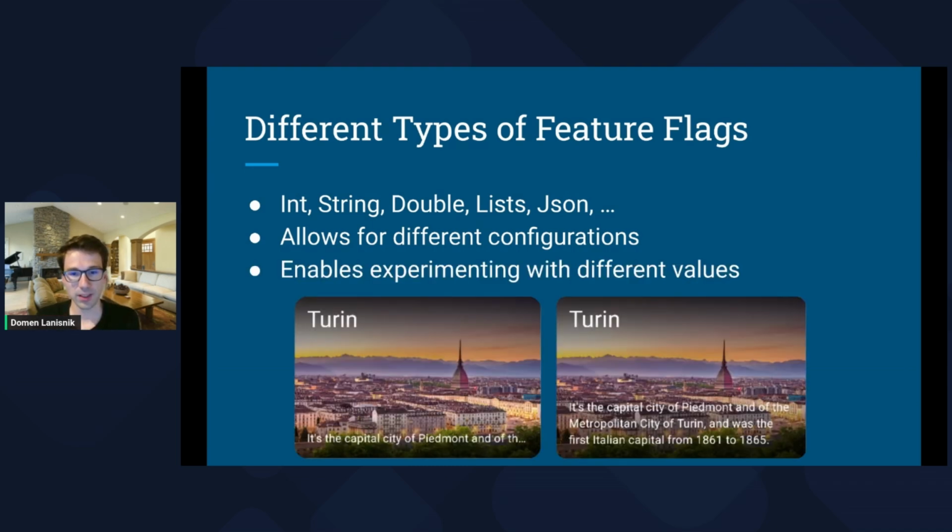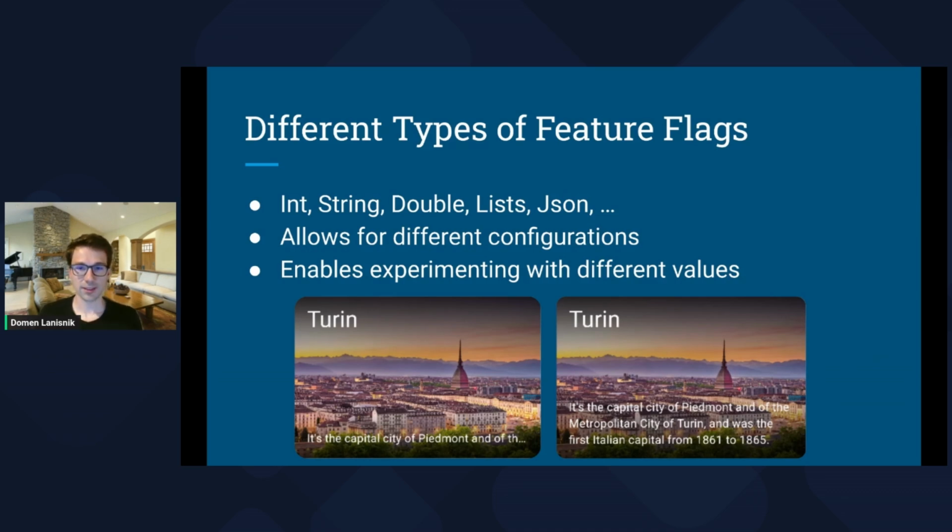So if you take this example, if we have the number of lines for the description of the card as a feature flag of type integer, then we can remotely define how many lines the users see. So some user on the left sees one line, and then some user on the right sees 3 lines.